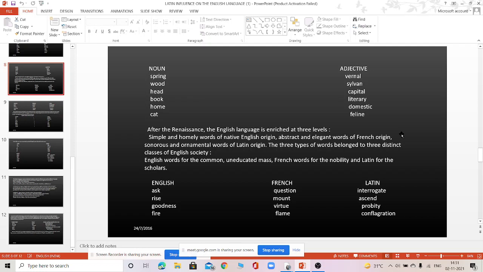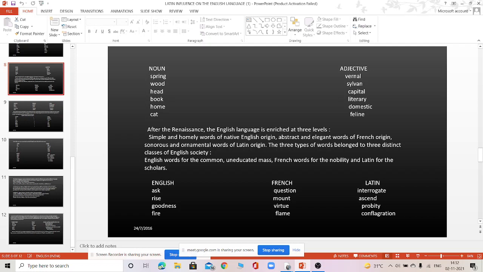And the native English words obviously were simple and homely, as you can see: wood, head, book, home, cat, dog, like that. But when we study the French influence, we will see that the French are very fashionable. Even today, Paris, the capital of France, is looked upon as the fashion capital of the world.